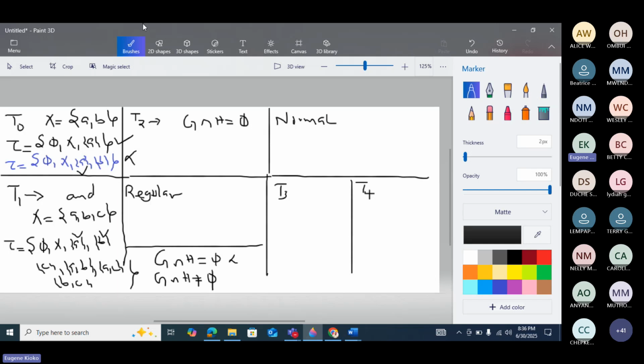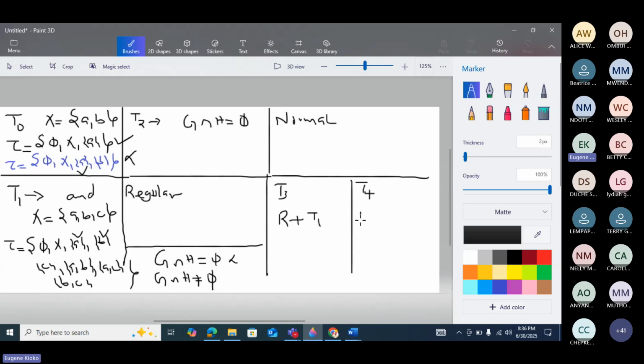Now, when we talk of a regular space, if a space is regular and T1, it is called T3.